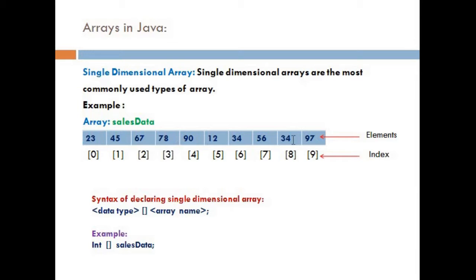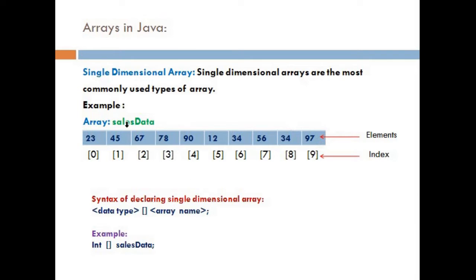And we call these individual values of this array called sales data as elements. That means the values 23, 45, 67, 78, all these are known as the elements. So 23 is the first element, 45 is the second element, 67 is the third element of the array, and in the same way 97 is the last element of the array called sales data.